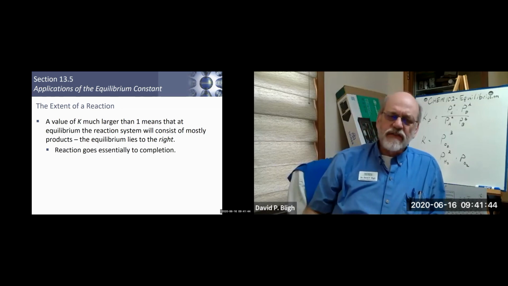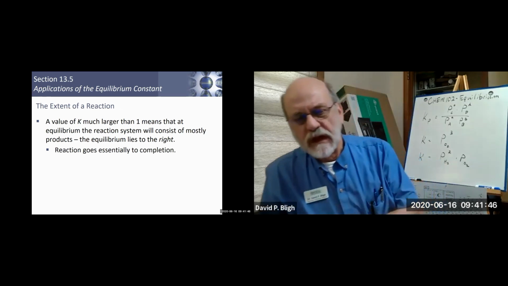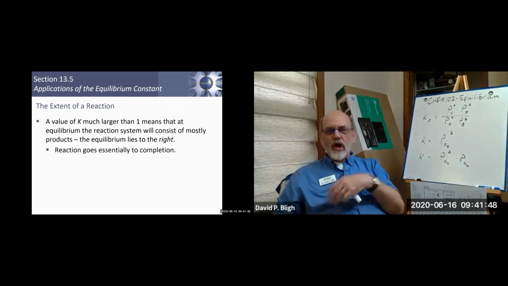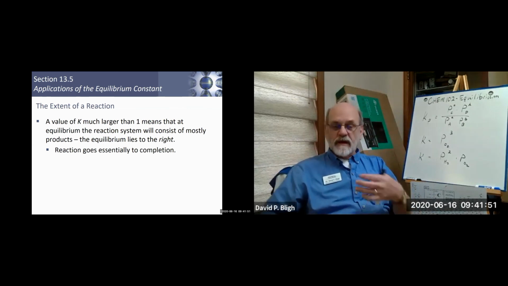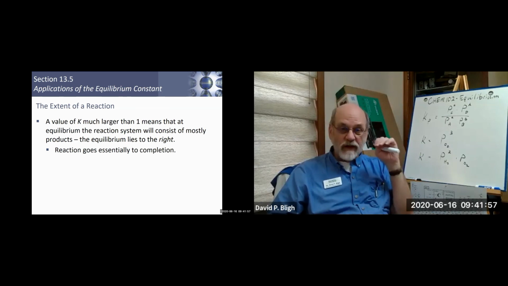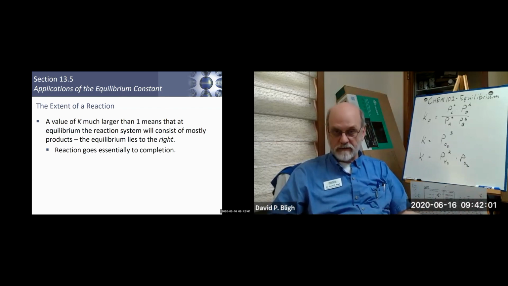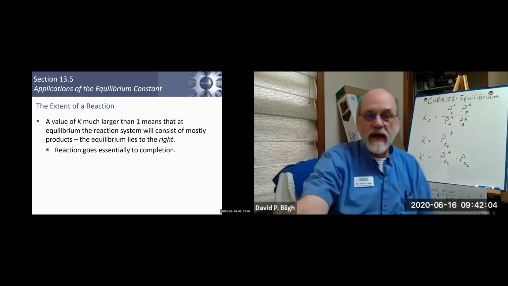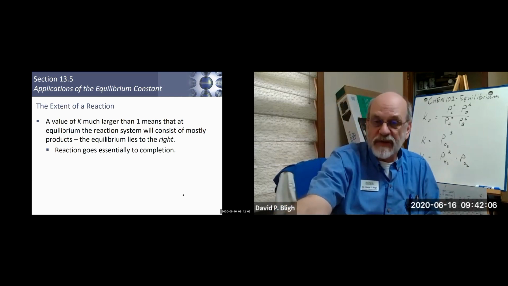Okay, so I alluded to this one a little earlier. If the value of K is much larger than 1, because the products are part of the numerator, if the value of K is very large, that means the reaction favors products. And the reaction essentially goes to completion.